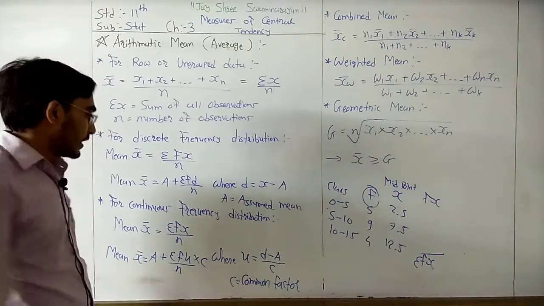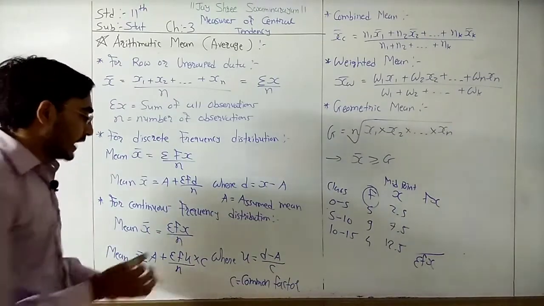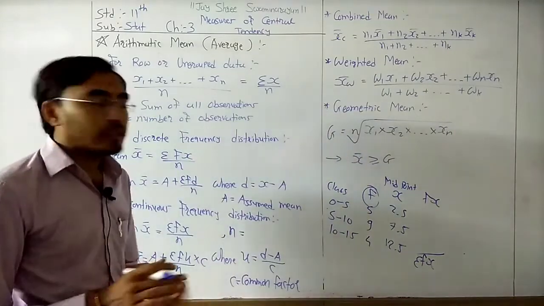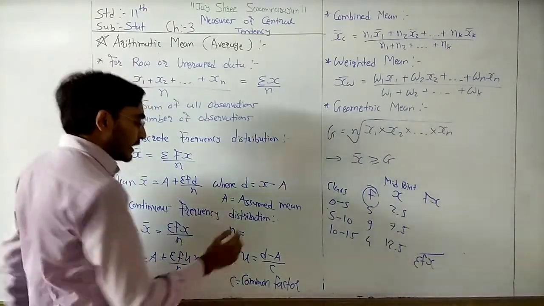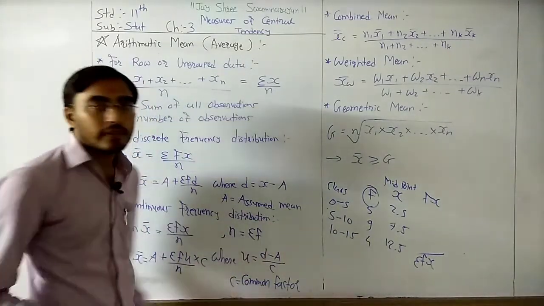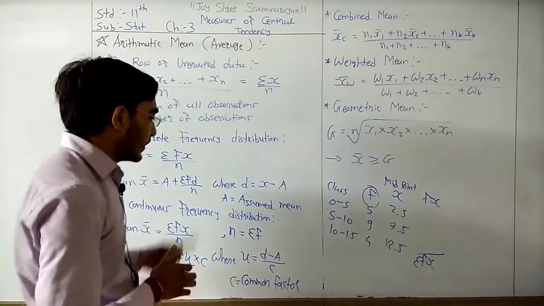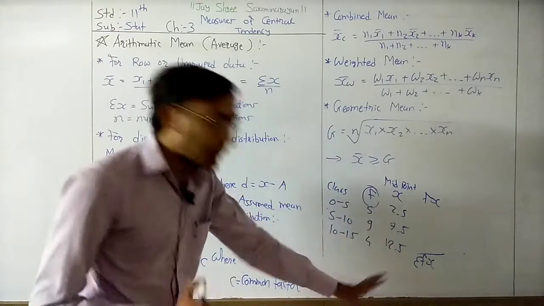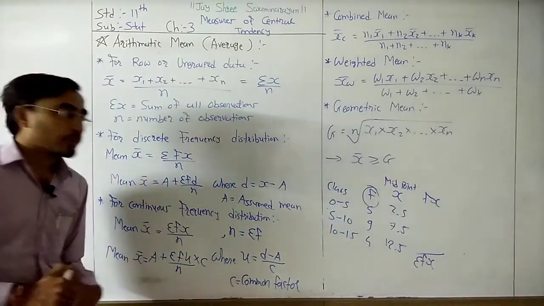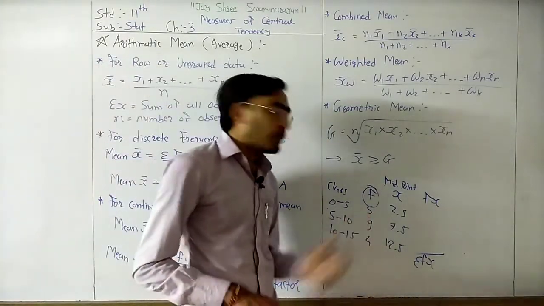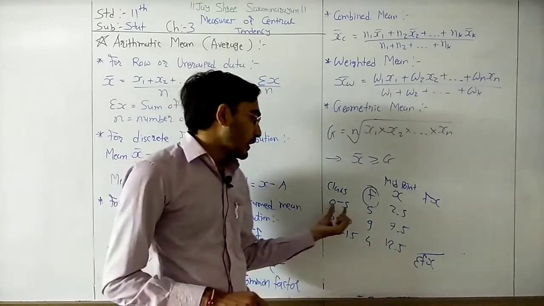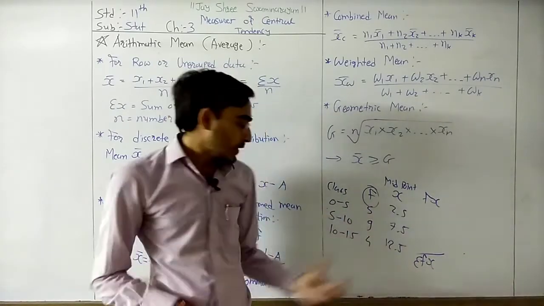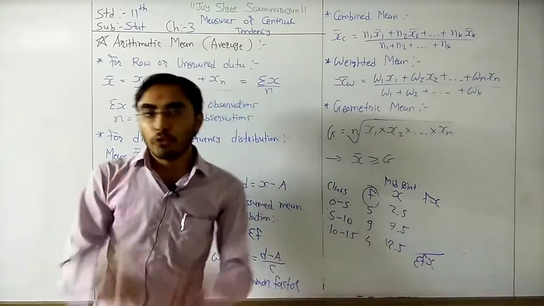One more thing: in both these cases, our denominator n, the sum of all the observations, is sigma f. That means the addition of all these frequencies is called sigma f. Now why? Here, in 0 to 5 we have 5 numbers, in 5 to 10 we have 9 numbers, and in 10 to 15 we have 4 numbers.